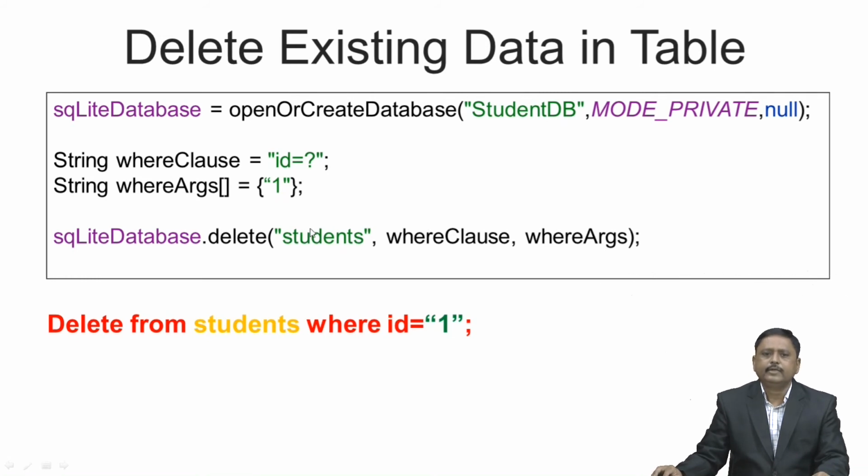So from this table, the record with ID is equal to 1 will be deleted. The equivalent SQL statement you can see on the screen: delete from table name where field name is equal to some value. So, delete from students where ID is equal to 1. This is how we can perform the delete operation.